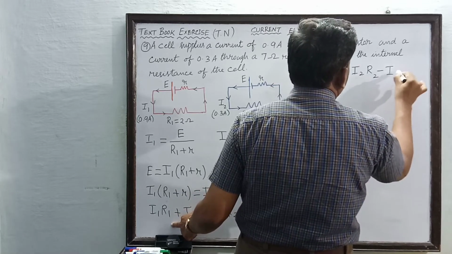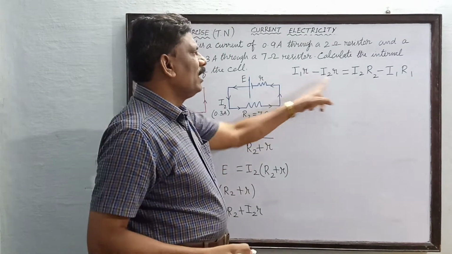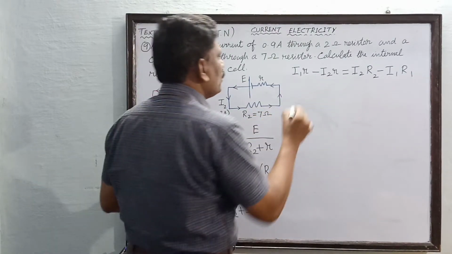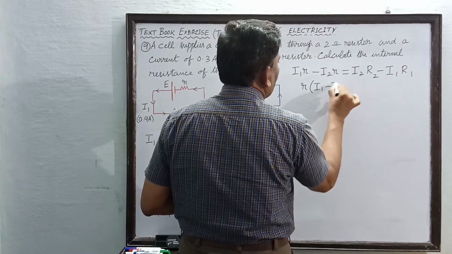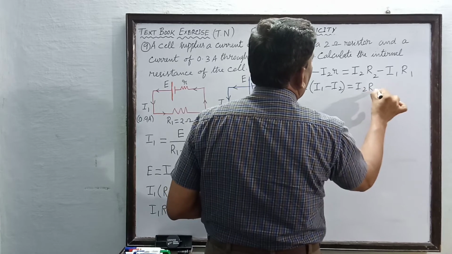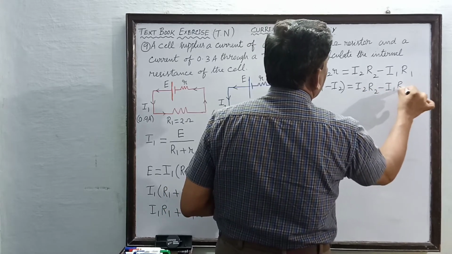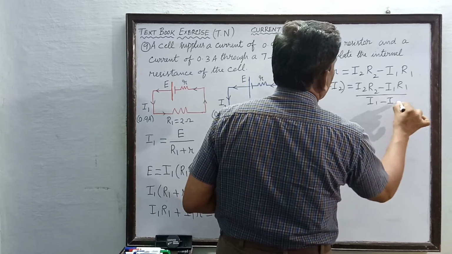Here small r is the common factor, so small r into I1 minus I2 is equal to I2 R2 minus I1 R1.